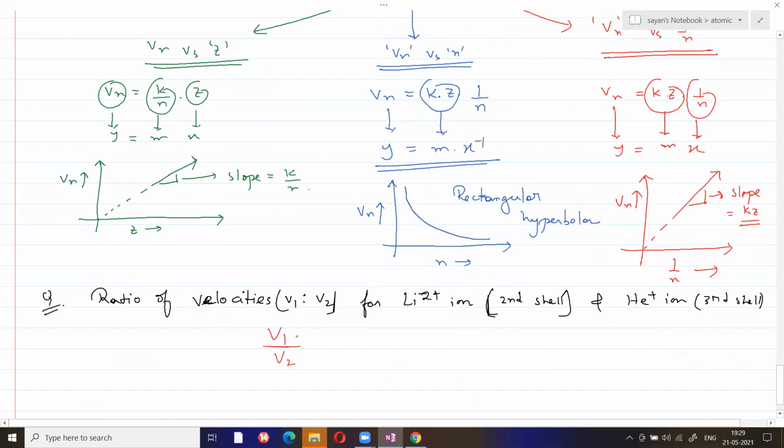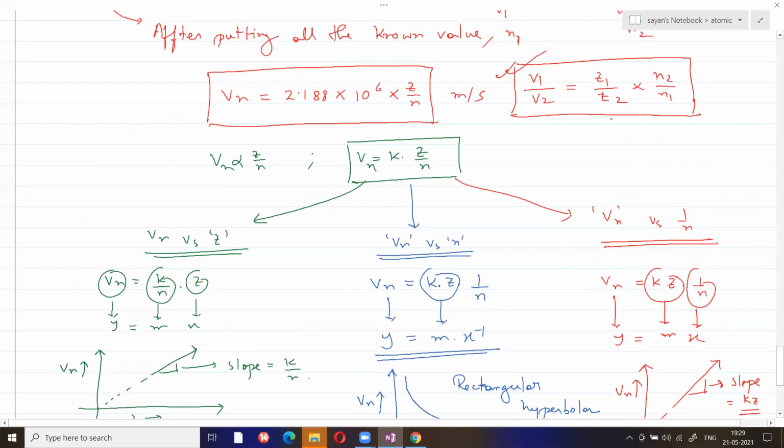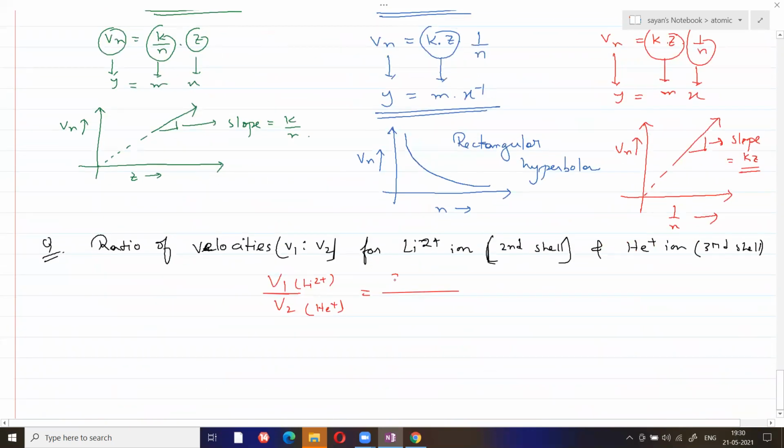v1 by v2. Here v1 I am taking for lithium 2 plus, and v2 I am taking for helium plus. Now what is the formula? v1 by v2 equals to z1 by z2, z for lithium, z for helium. So n value is n for helium, n for lithium.